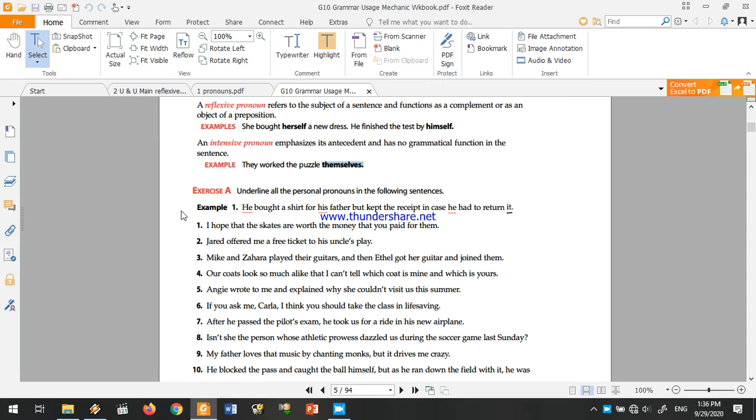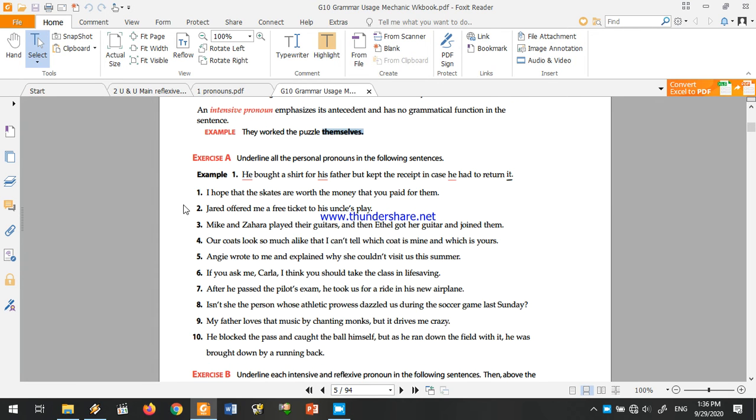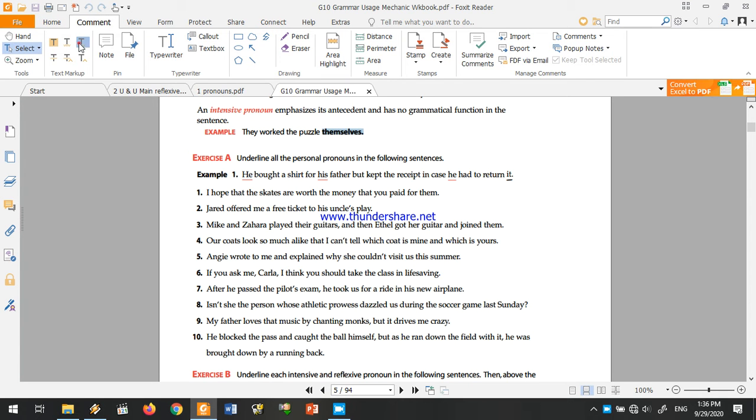Let's now take some examples. In exercise A, we're going to underline all the personal pronouns in the following sentences. Here we can have I. Let's underline it.